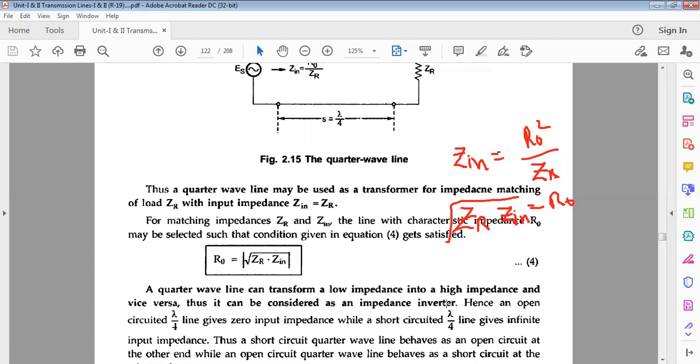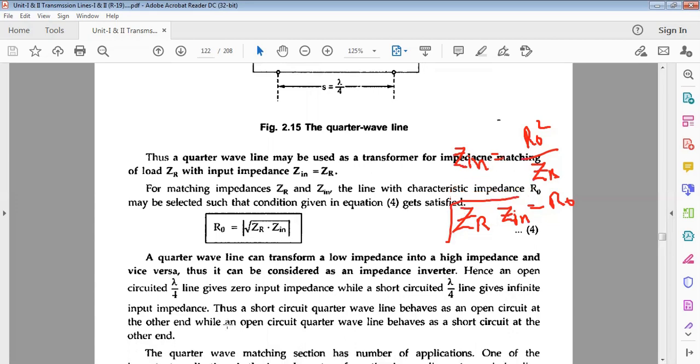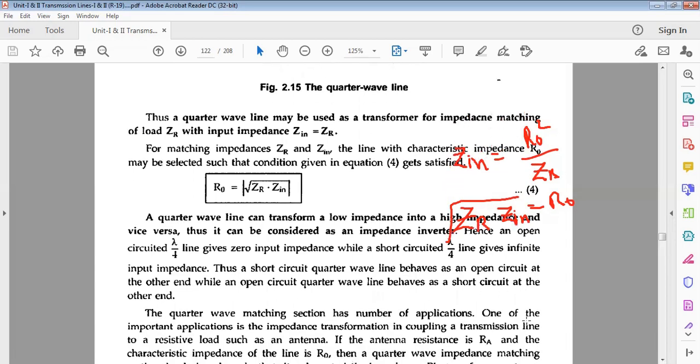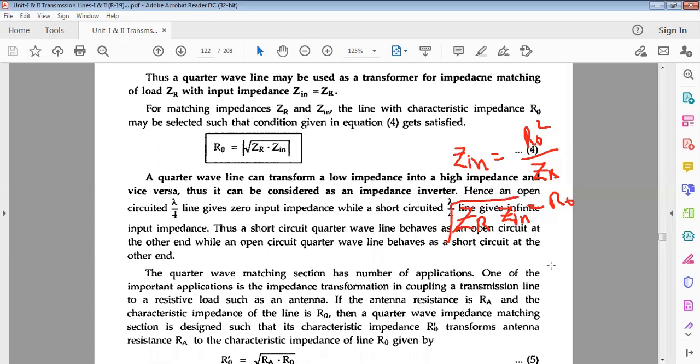Thus, a short circuit quarter wave line behaves as an open circuit at the other end, while an open circuit quarter wave line behaves as a short circuit at the other end.